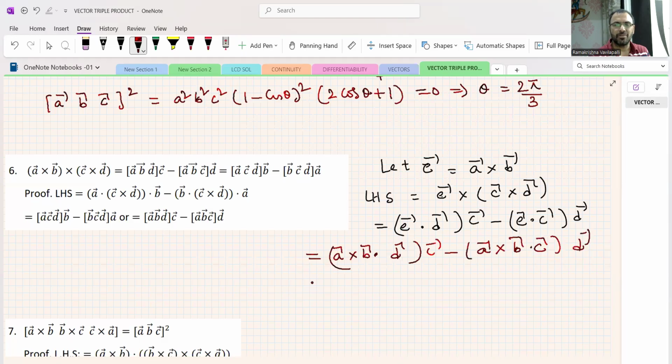This is nothing but box of A bar, B bar, D bar into C bar minus box of A bar, B bar, C bar into D bar vector.